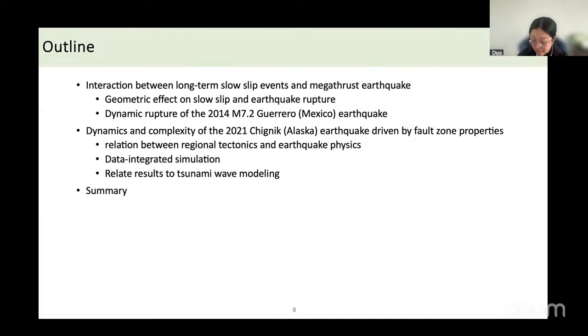And the next will be the numerical simulation of the earthquake that happened in 2021 in Alaska. Both of these works use simulation to understand the faulting mechanism.